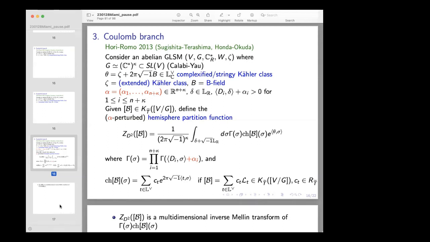Here its integral is over the Lie algebra of the gauge group, so it's C^(m+kappa), and the integral. We have a product of gamma functions, determined by the weights of the gauge group action.